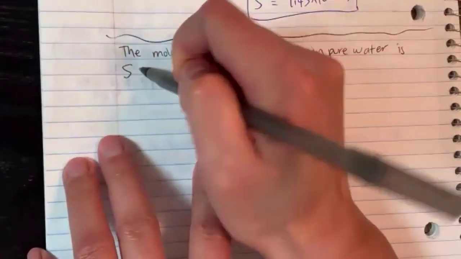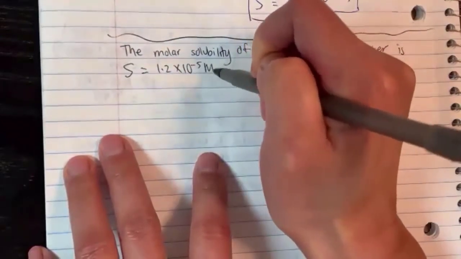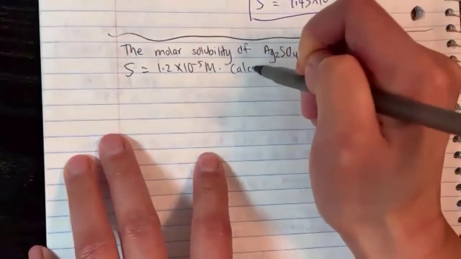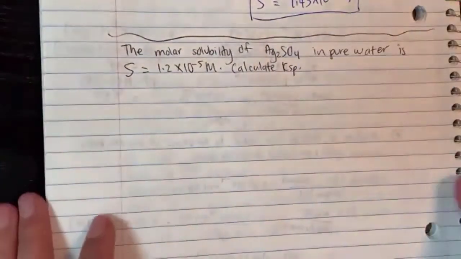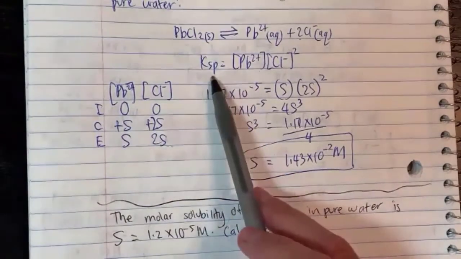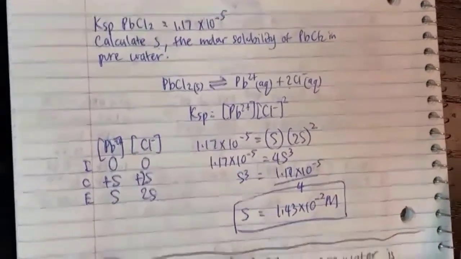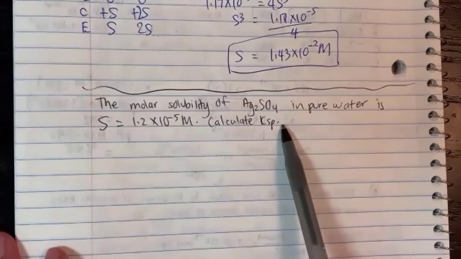Okay, so the previous question wanted us to get the S from the KSP that's given. Now we want to do, here's the S, find the KSP.